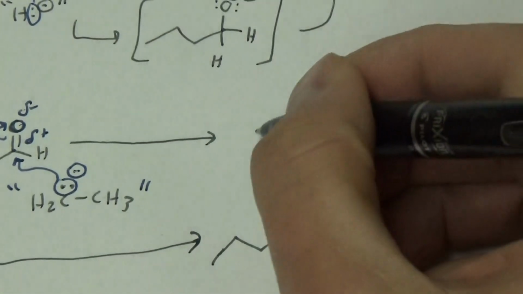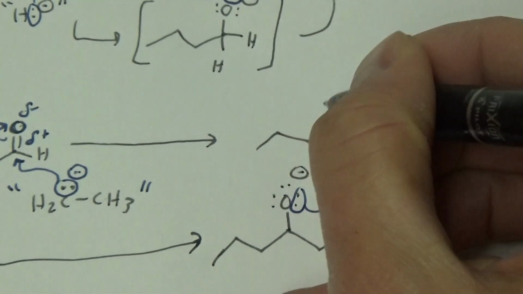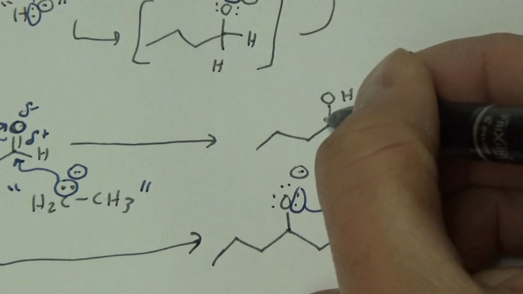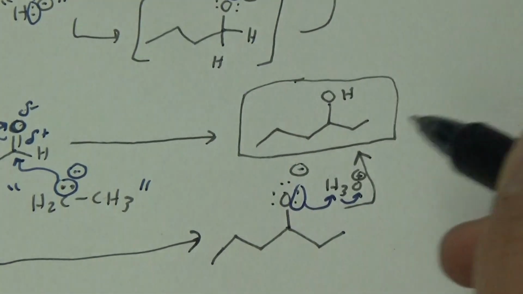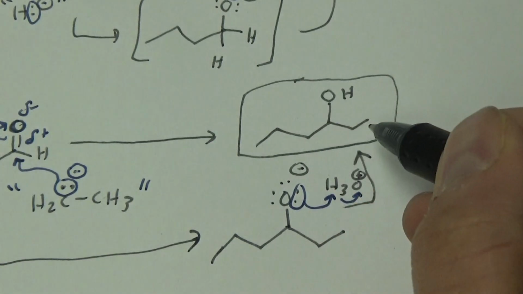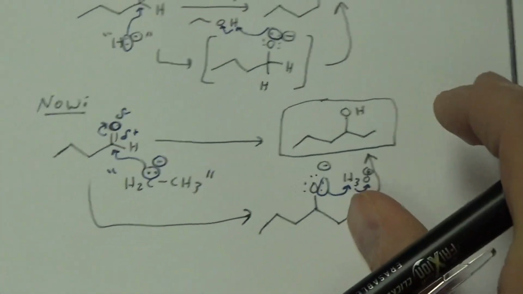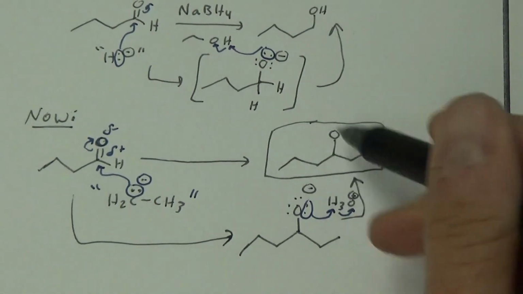OH. So 4 plus 2 is 6. 1, 2, 3, 4, 5, 6. Okay, all right. So this is the basis for this whole section.